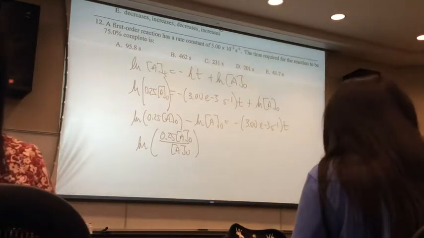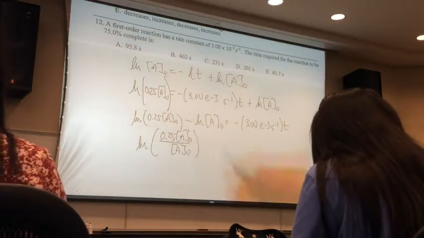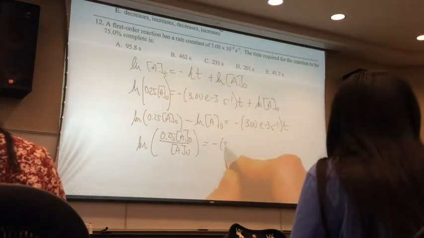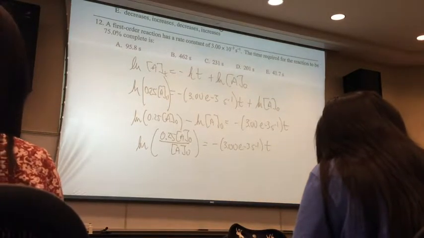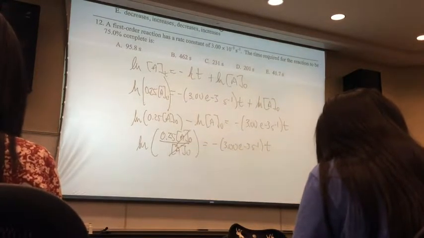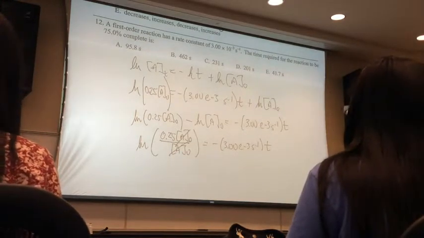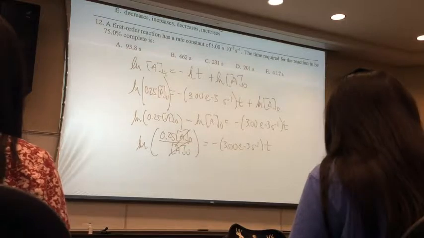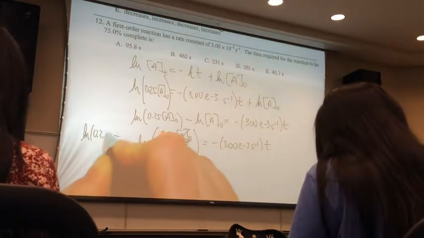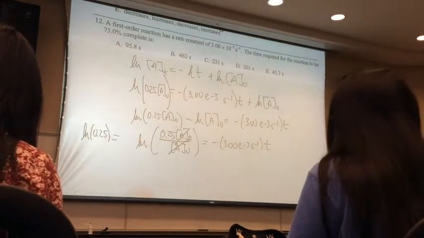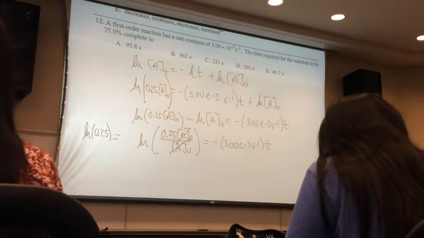That's just logarithm algebra, if you will. Again, it equals negative 3 times 10 to the minus third inverse seconds times t. You'll notice at this point that A0 cancels. That's 1. So this simplifies to just the natural log of 0.25 equals this value at your time.